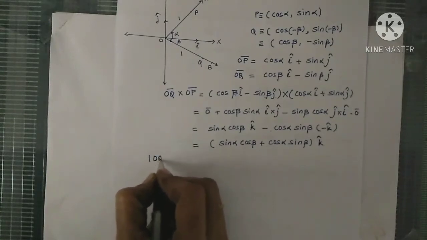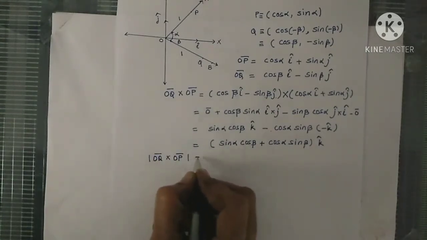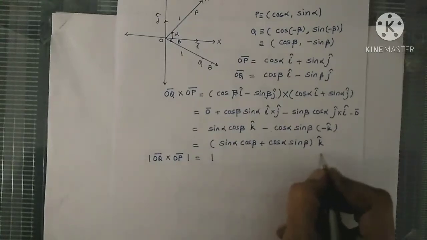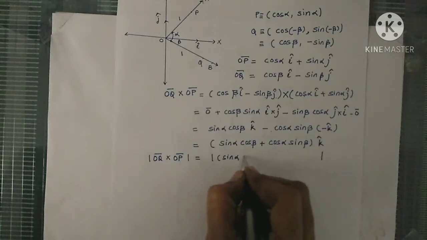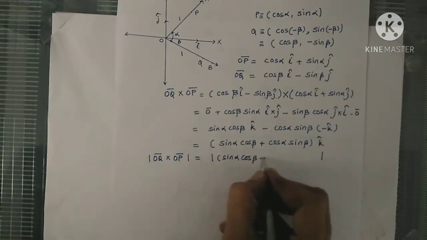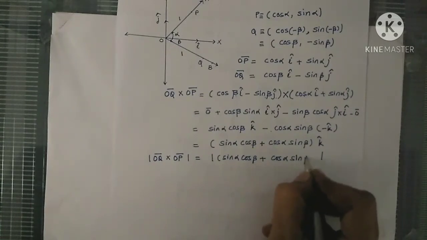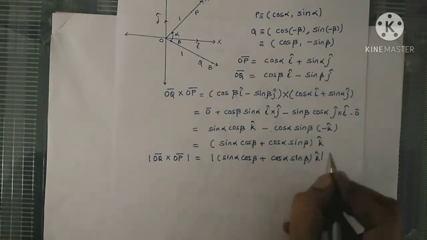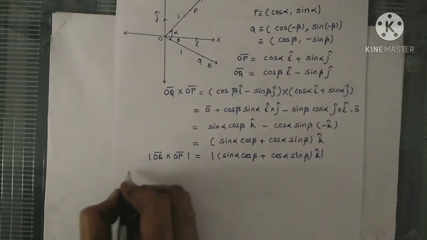So modulus of OQ bar cross OP bar equal to modulus of this vector, sin alpha cos beta plus cos alpha sin beta k cap. Now modulus of a bar cross b bar is ab sin theta.